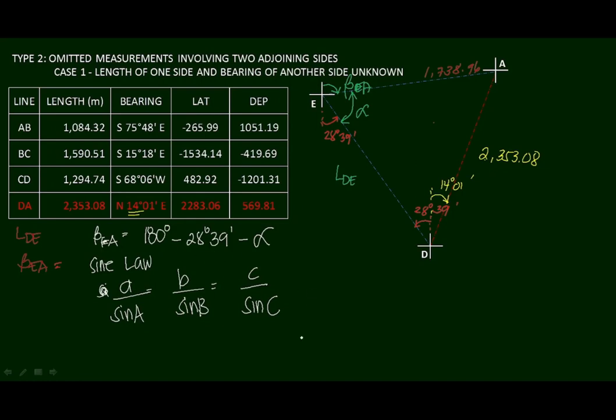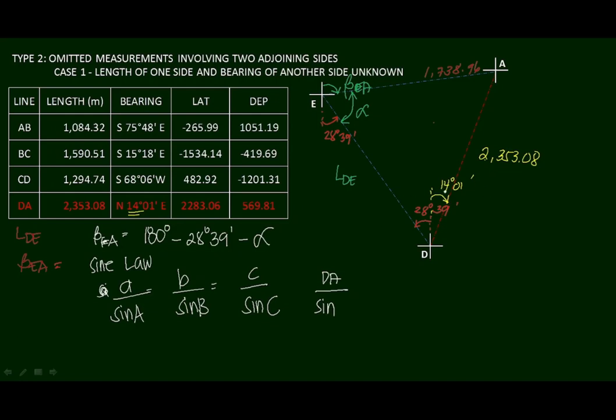So, in my case, mamimili ako dito sa mga distances na to kung alin dyan yung aking side A. Okay. So, in here, ang gagawin kong side A ay yung aking DA. Since mayroon siyang length, si DA, that is my A over sine.